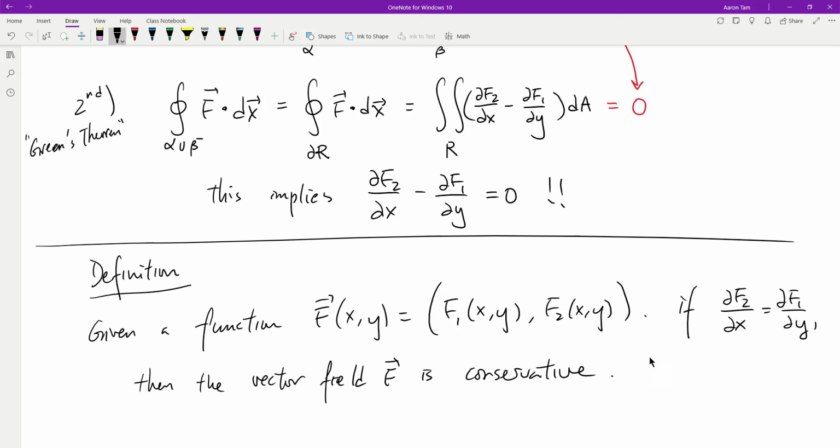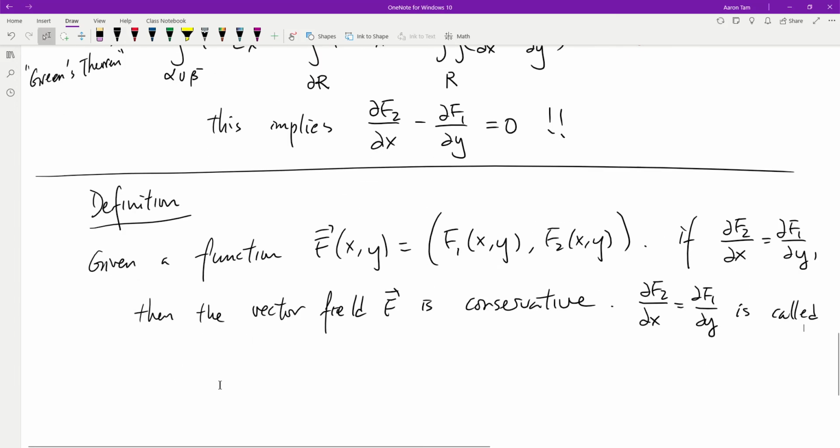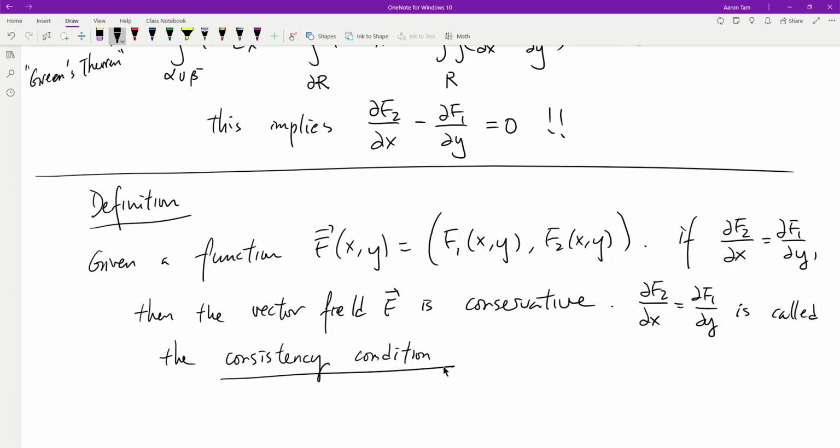And this expression, df2 over dx equal to df1 over dy, is often called the consistency condition.